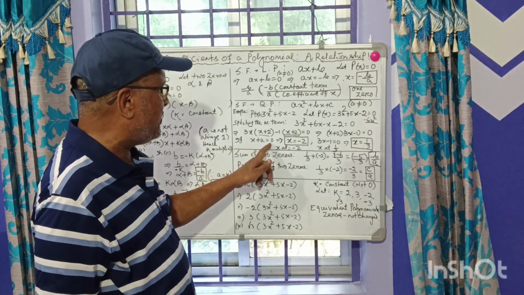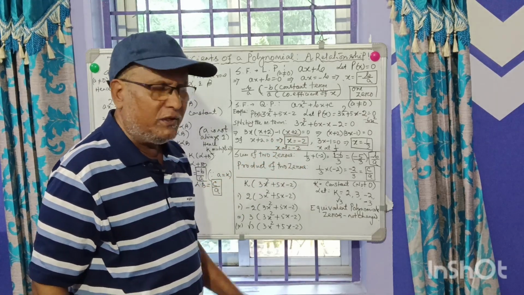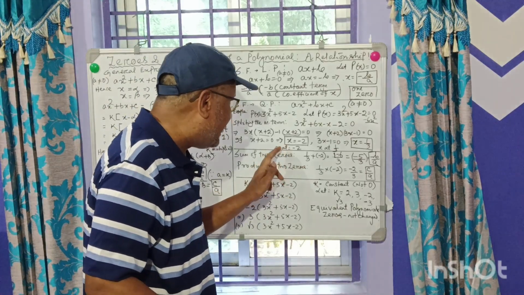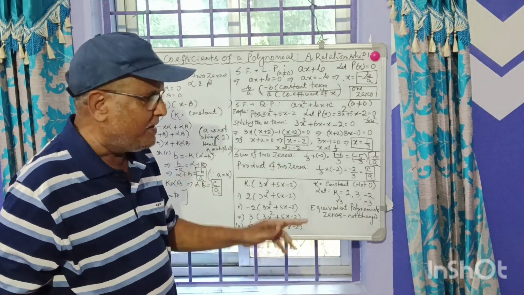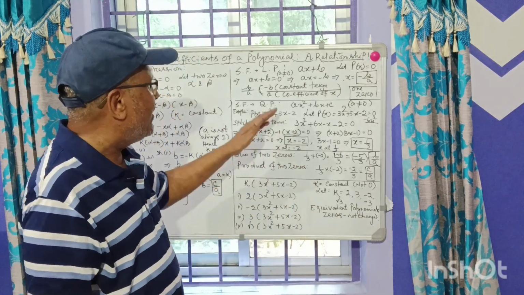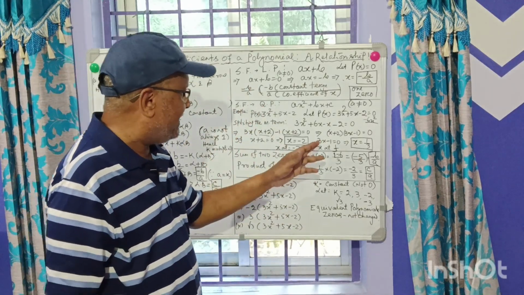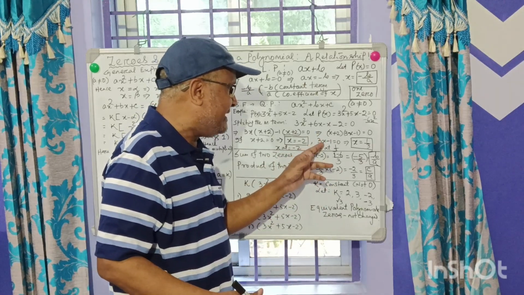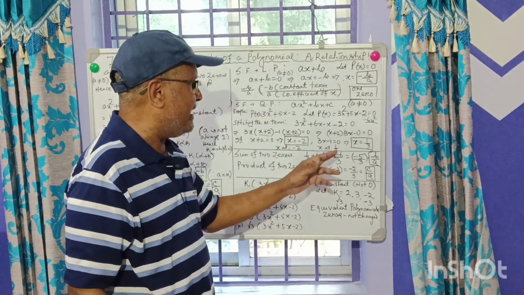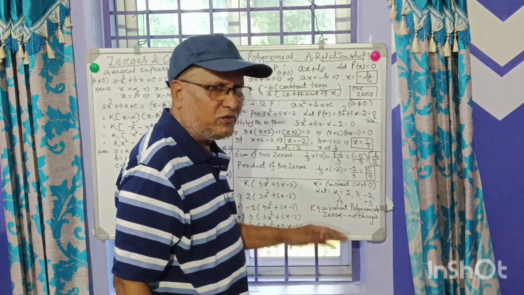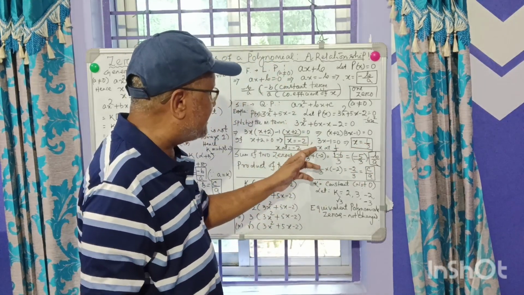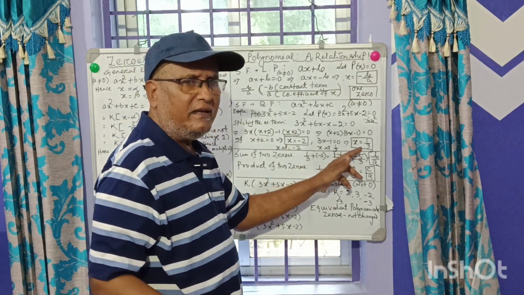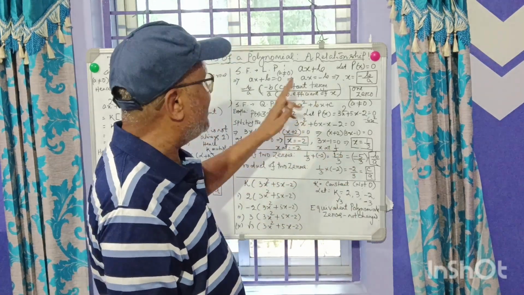If x plus 2 is equal to 0, x is equal to minus 2. So this polynomial is 0 at x equals minus 2. So minus 2 is one zero of the polynomial. And if you consider the second case, 3x minus 1 equals 0, so x is 1 by 3. So the polynomial is 0 at x equals 1 by 3. So 1 by 3 is another zero of the polynomial.